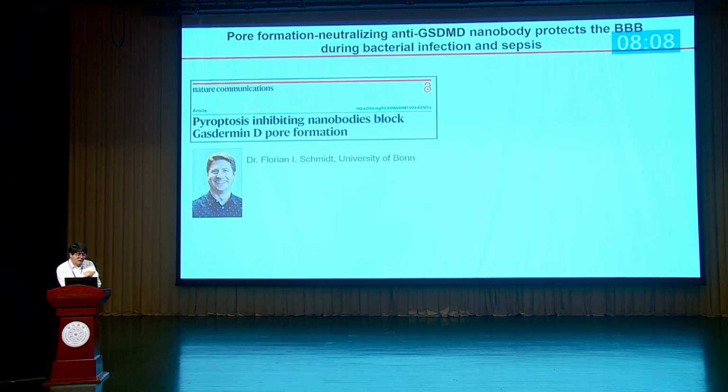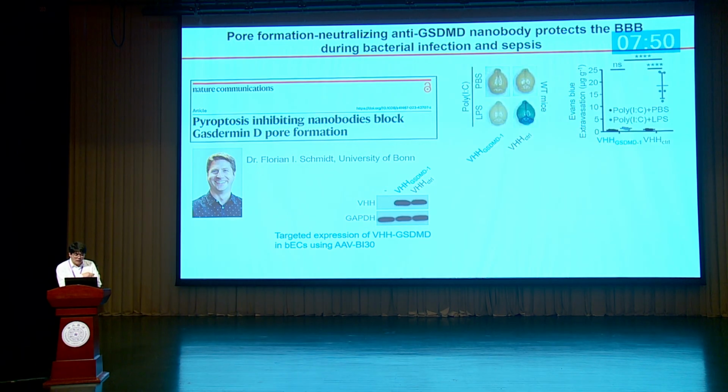So we came up with the idea we can use the AAV system, right? The AAV we have is specific for brain endothelial cells. We can use the AAV to express the nanobody so that the nanobody is only expressed in the brain endothelial cells. So we did that.